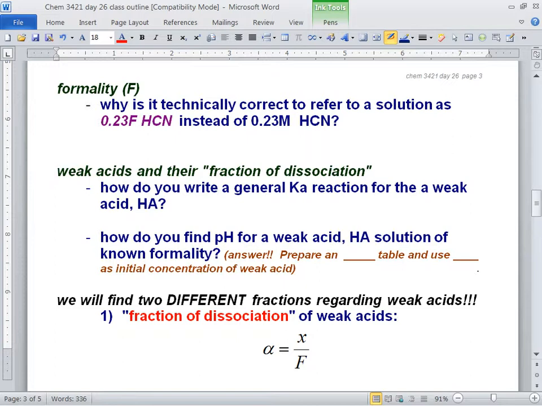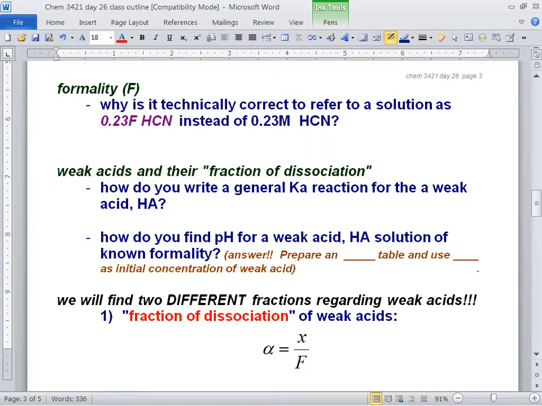Well, if you add water, you're just diluting it, the number gets smaller. F means all its forms. Exactly why. So when you have a substance that has more than one form, and all we're really looking at is the cyanide, it's getting back to the full systematic treatment. You've got cyanide, you've got hydrogen cyanide.